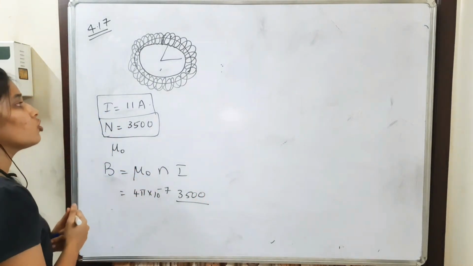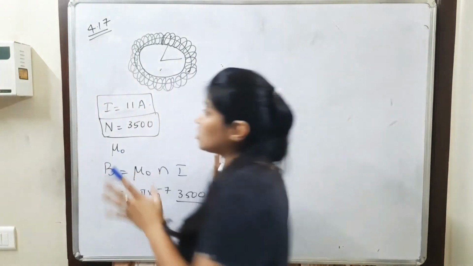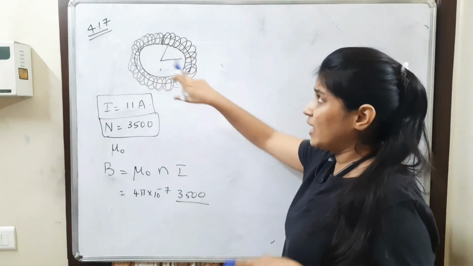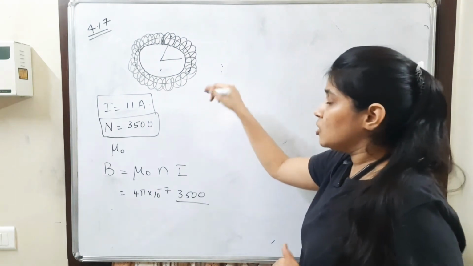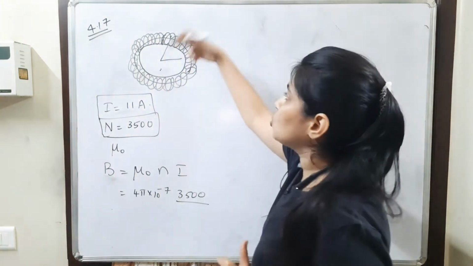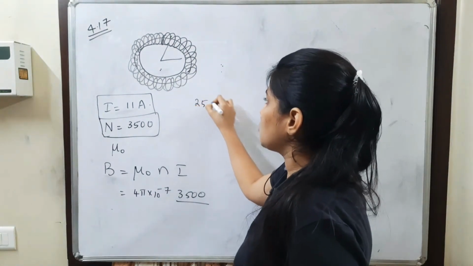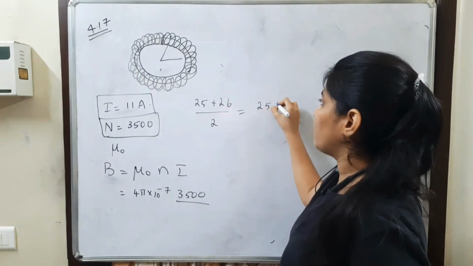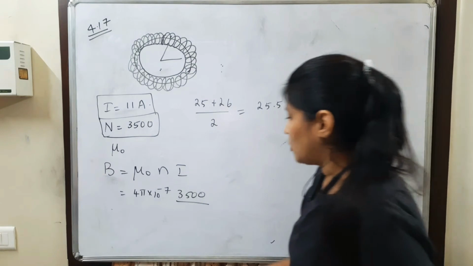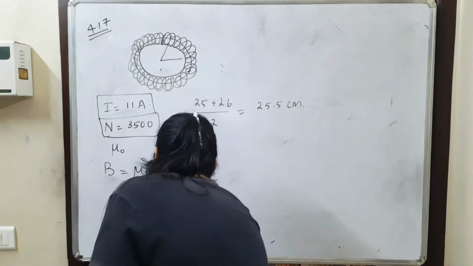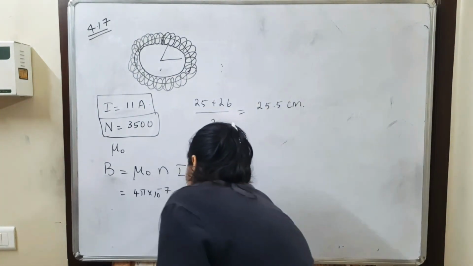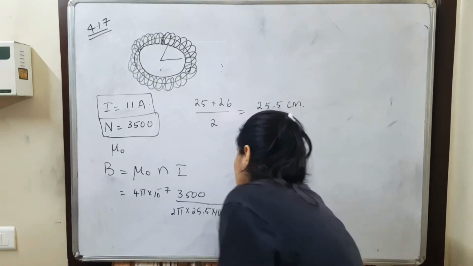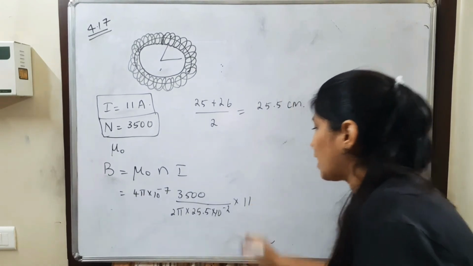Now in case of a toroid, we have to find the circumference, because the length of the toroid is its circumference. Since they have given two radii, 25 and 26 centimeter, we will take the average, which is 25.5 centimeter. So the circumference will be 2π × 25.5 × 10^-2, multiplied by current, which is 11 ampere.